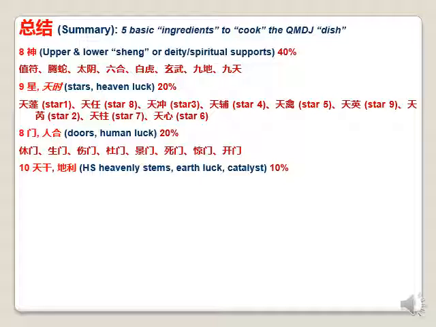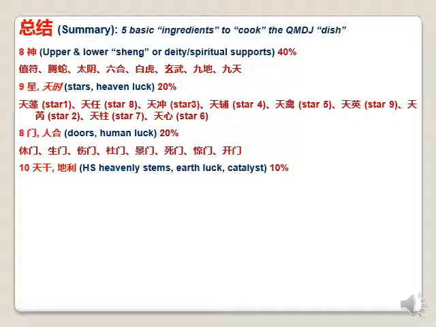The next 10% acts as a catalyst, 催化剂, which is the earth luck. It is the combination of the 10 heavenly stems. Those who learn 八字 will know that it is a combination of the top, which shows the heavenly stem, and the bottom, the earthly branches. 上为天干，下为地支，对不对？ But in 奇门遁甲, you can only see the combinations of both heavenly stems.